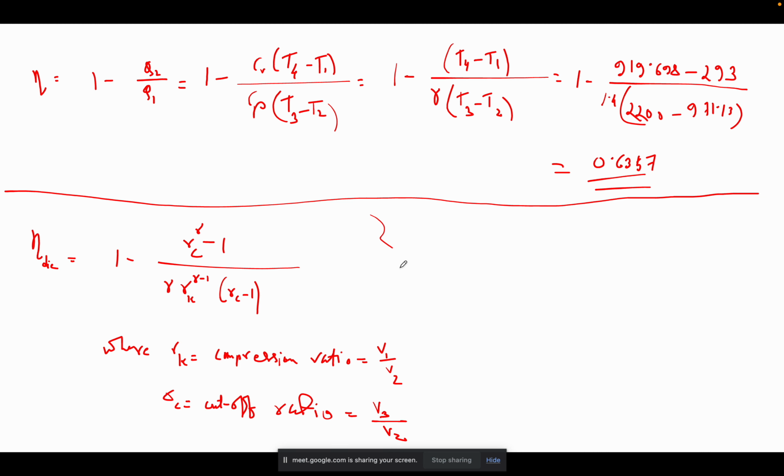I can do this derivation, but I will do the properties of gaseous mixture questions first, and then if time permits, I will do this one.